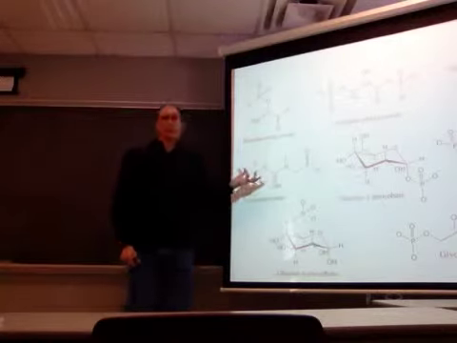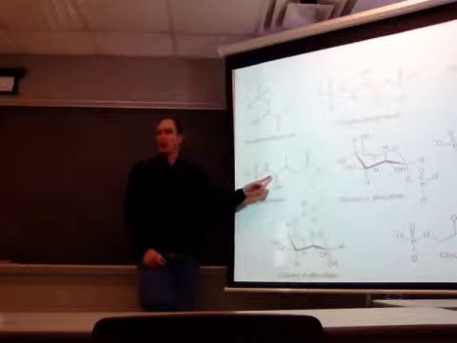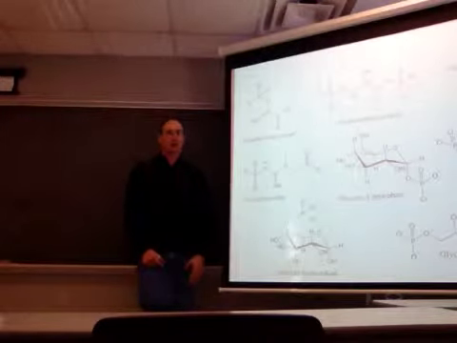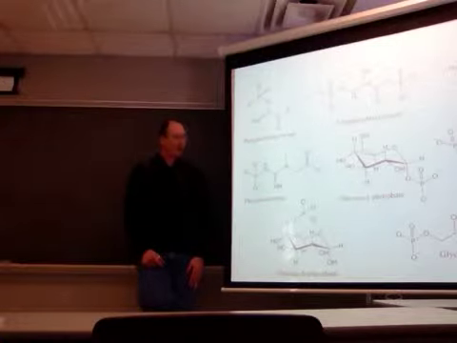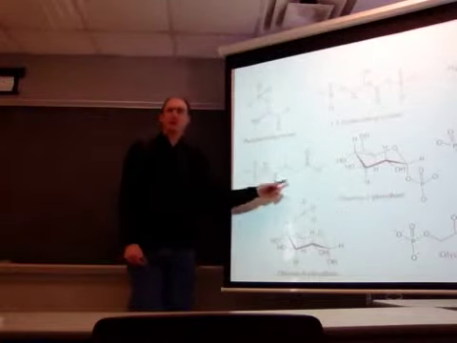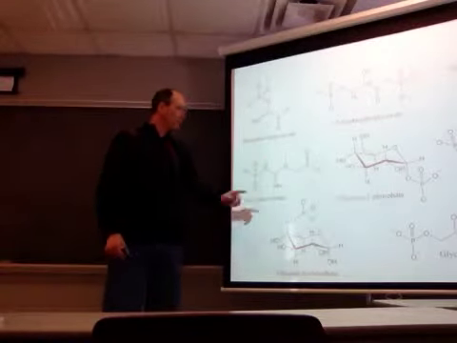So, where have we seen this 3 nitrogens and a carbon before? In arginine, yeah, right? That's the guanido group that we've seen in arginine. And what do we know about that group?